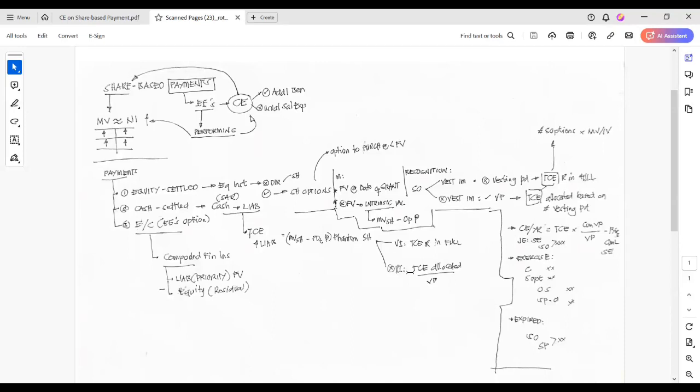The other one is the option between equity and cash, where the option is given to the employees. You will have compound financial instruments. The compound financial instruments, by the way, according to IFRS 2, are based on the share alternative.